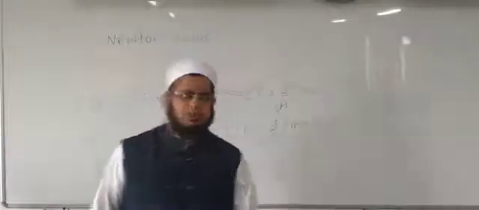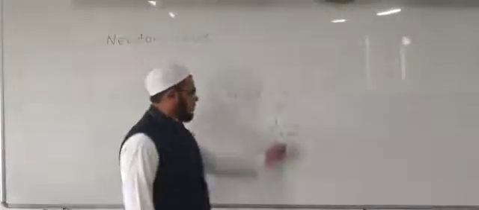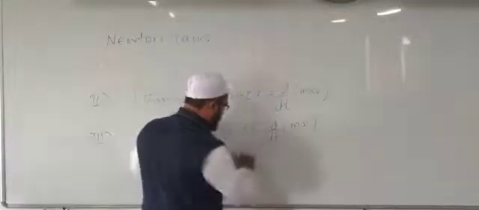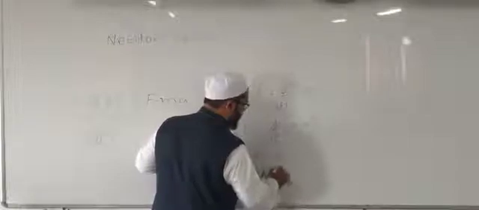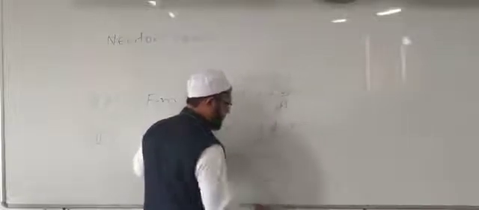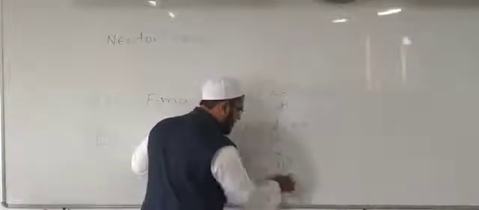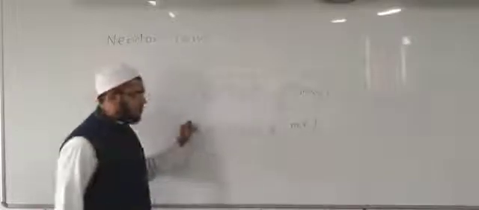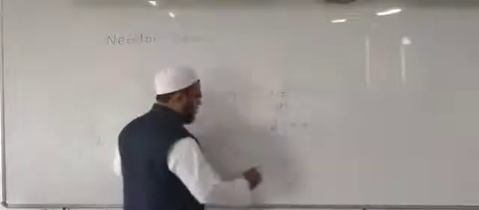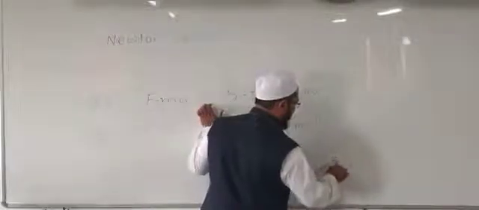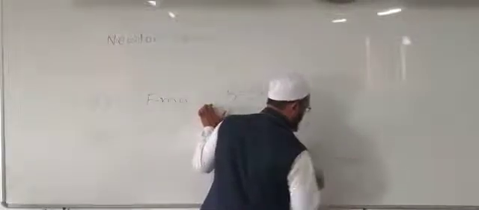According to the law of conservation of mass, we know that the mass is constant, so we keep it aside: m d by dt of v, and we know that dv by dt is the rate of change of velocity, which is acceleration. Therefore, the equation becomes F equal to ma.